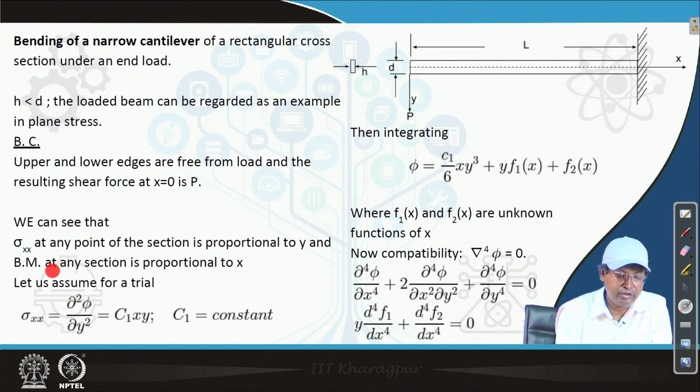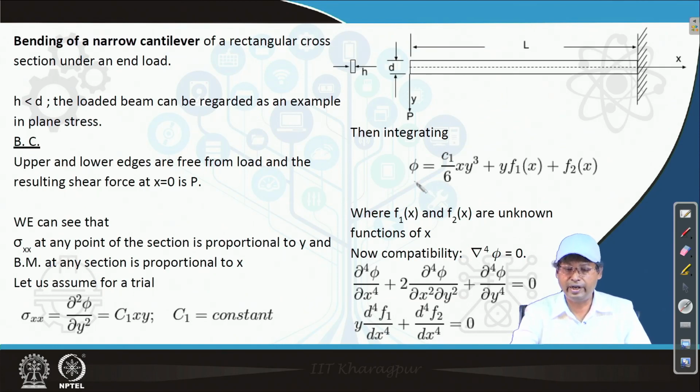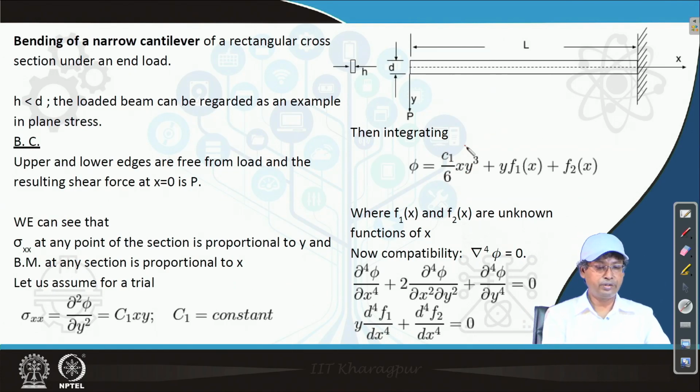The bending moment at any section is proportional to x, that is the reason the x factor is coming here, and that matches our physical condition. With this note, we can start.